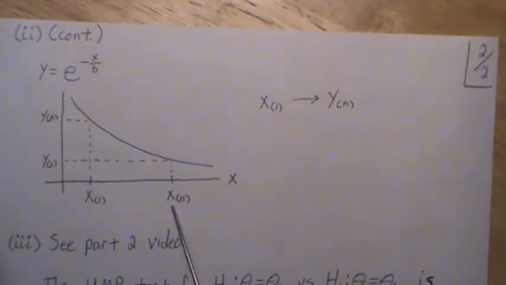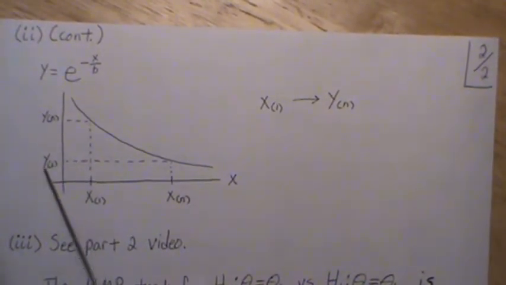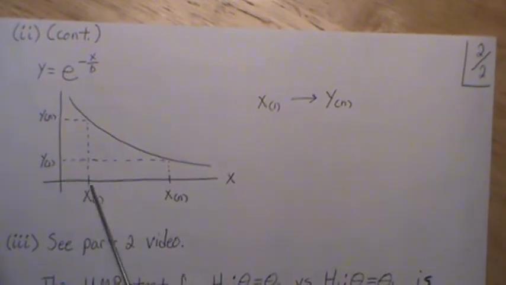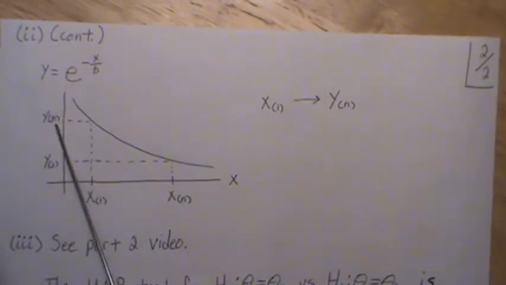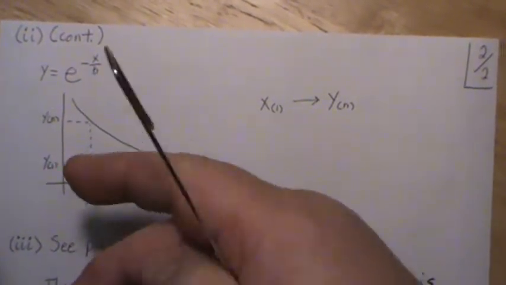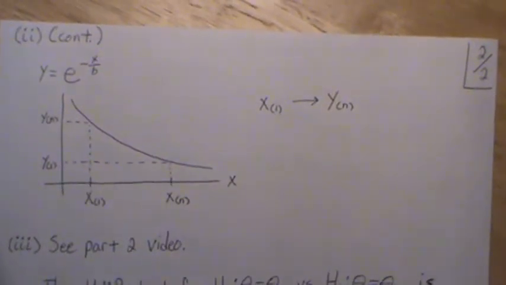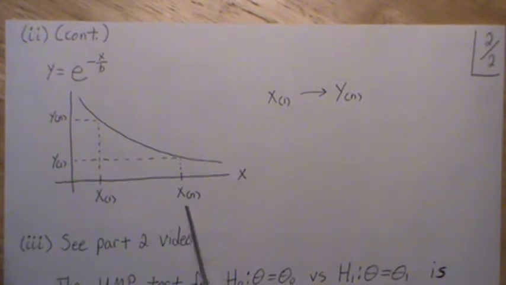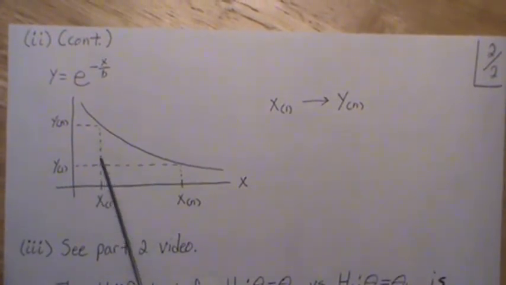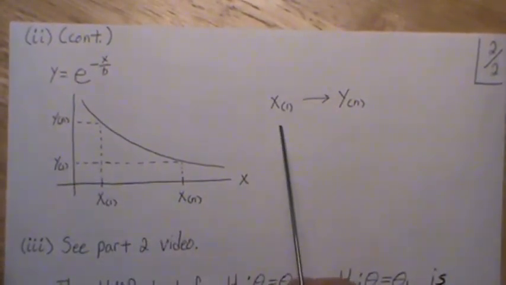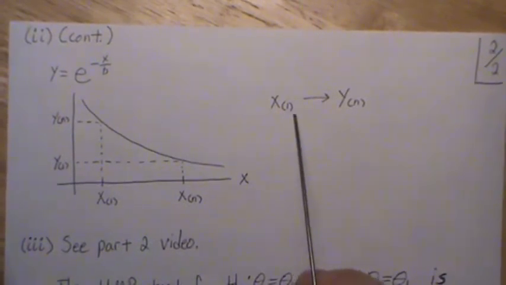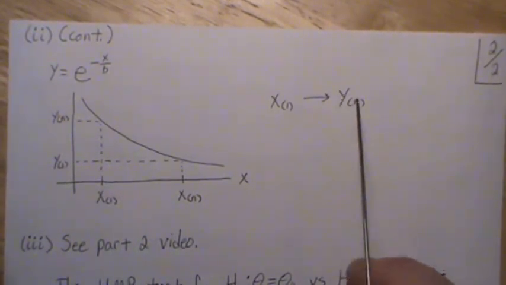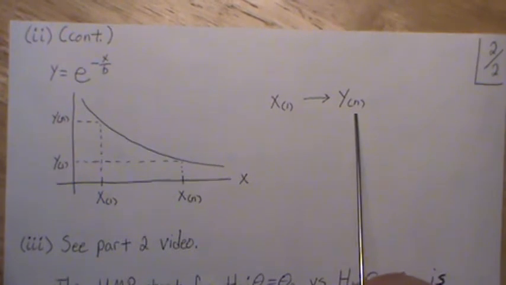But notice the largest here gets transformed to the smallest here, and the smallest x gets transformed to the largest. So in a sense, they're reversing, and that's kind of why the inequality is reversed on page 1. But notice that x1 is getting transformed to the largest. So x1 is transformed to the nth order statistic in y.